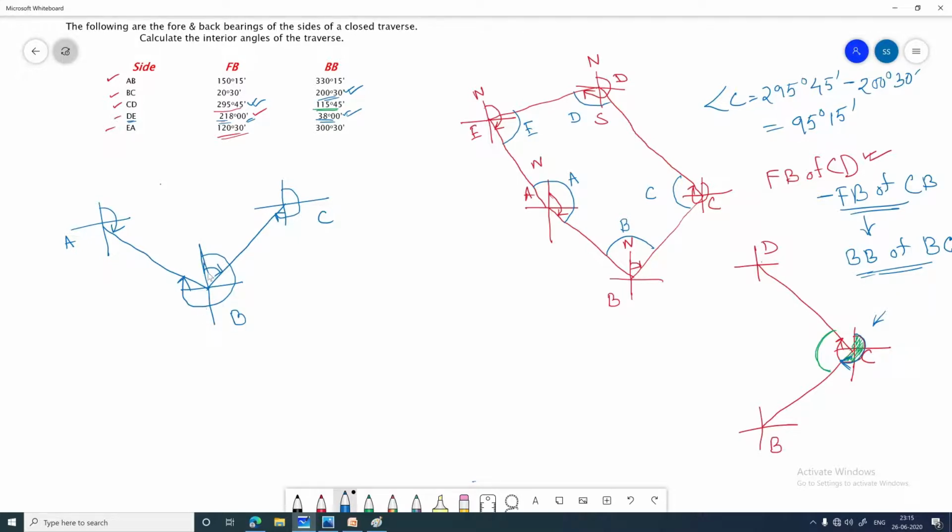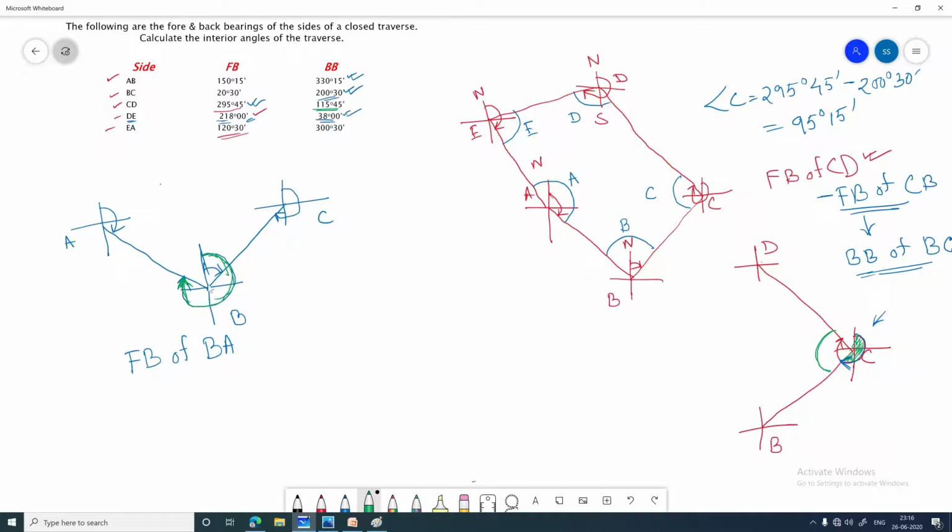This total angle that I have created, that means from this line to this line, that is the forebearing of BA. Okay, so forebearing of BA means the back bearing of AB, and back bearing of AB, I have the value. So look, we know the value of this total angle, right?